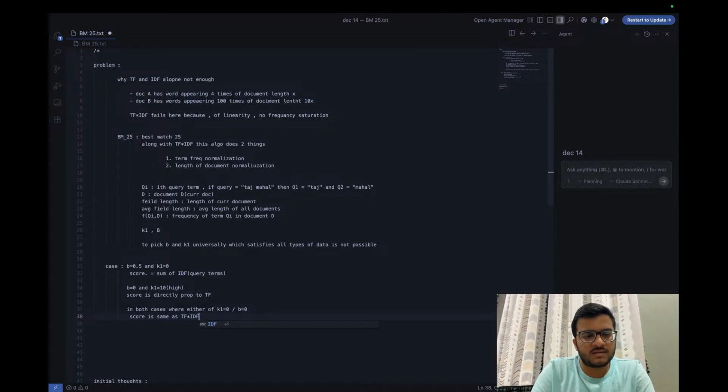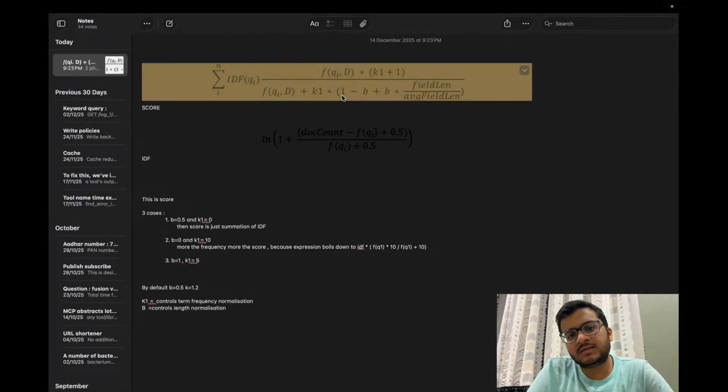There is nothing special in this, right? Because we have clearly seen here, if we substitute 0.5 and 0 and 0 and 10 in this formula, you will realize that.